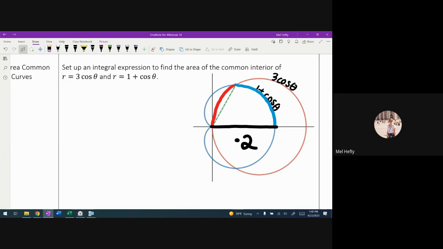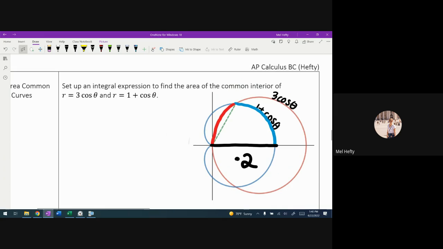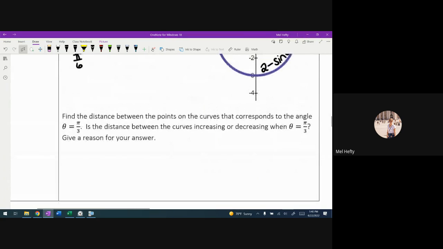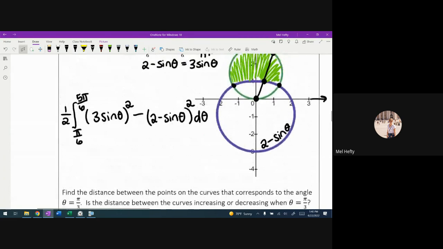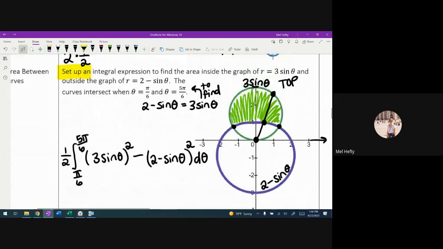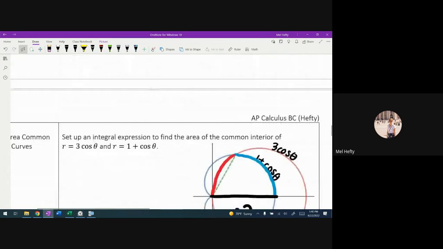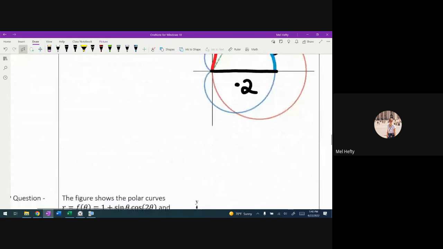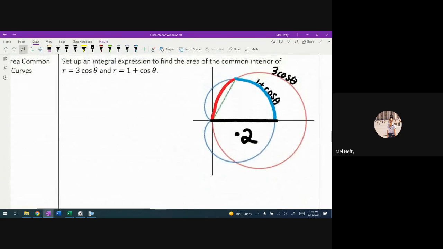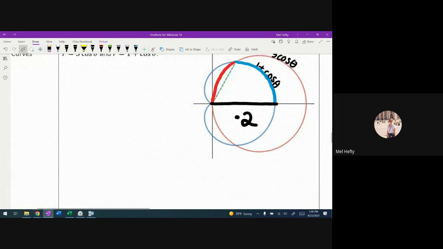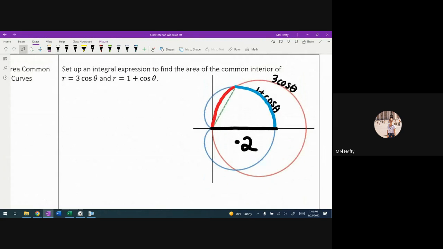So I would argue this question is a lot different than this question. Because here I was touching green, purple, green, purple, green, purple the entire time. But here, I actually have a situation where this sector has everything to do with the blue curve and nothing to do with the red curve.